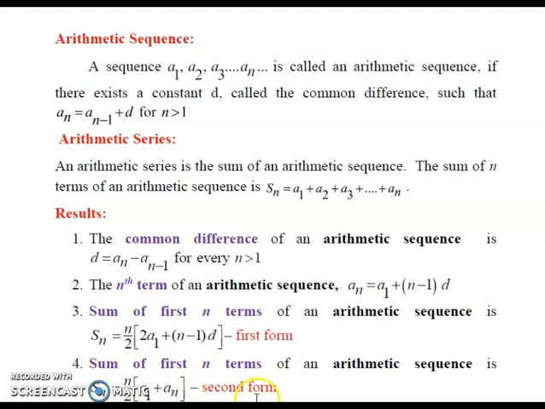The second form, to find the sum of first n terms of an arithmetic sequence is Sn is equal to n divided by 2 multiply a1 plus an. If you know the first term, nth term of the arithmetic sequence, we can find sum of the first n terms of arithmetic sequence by using this formula.